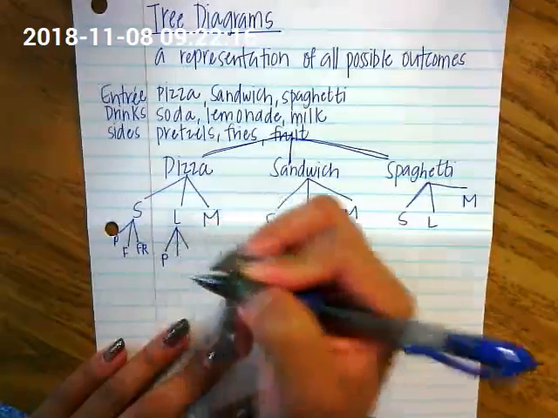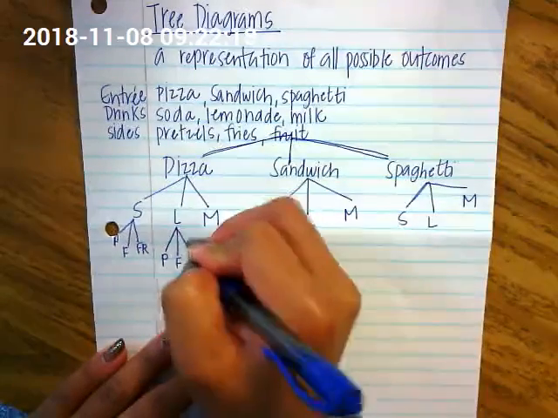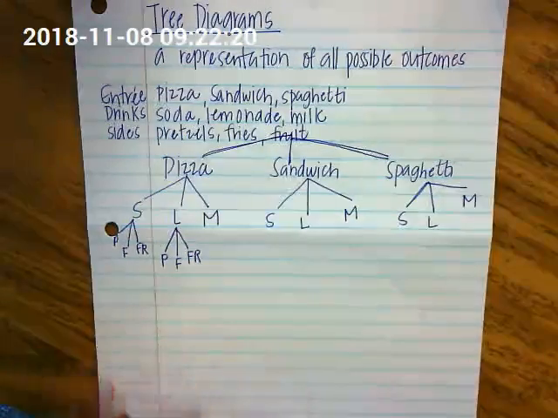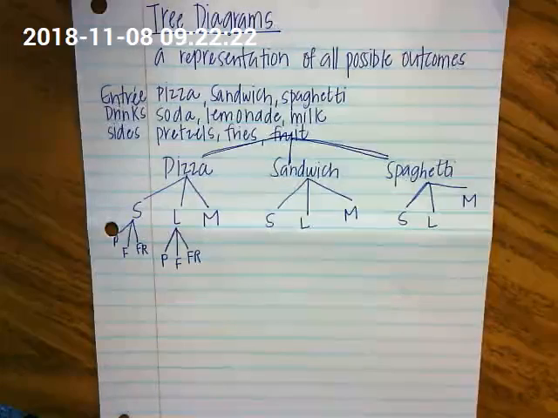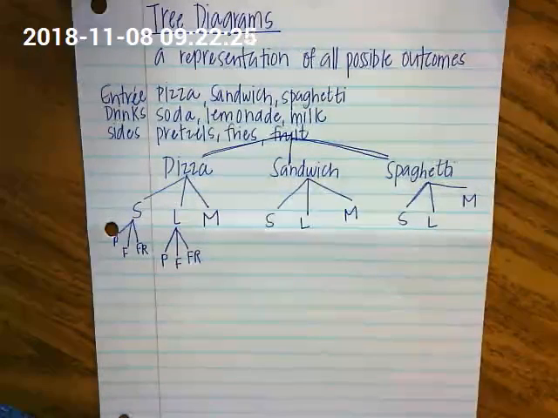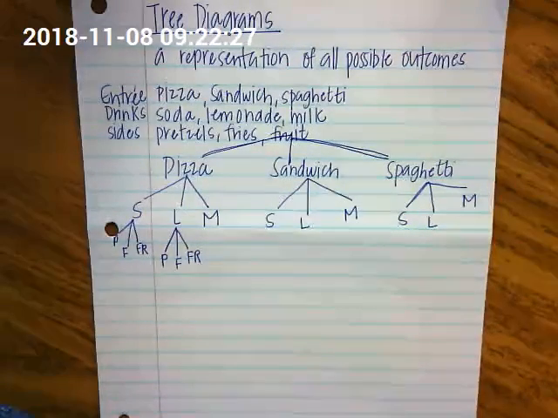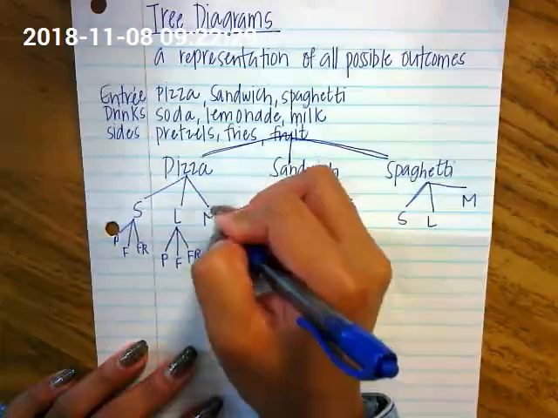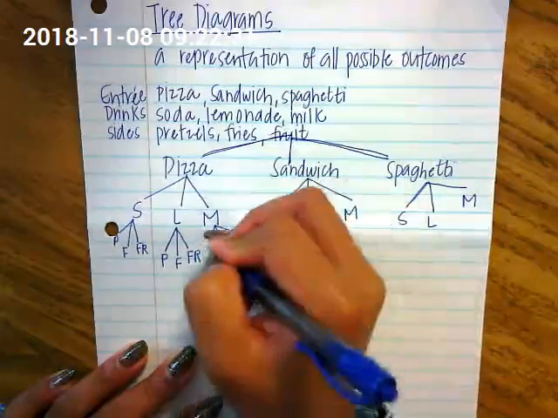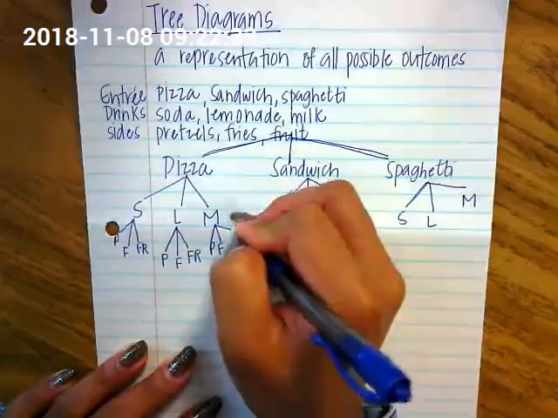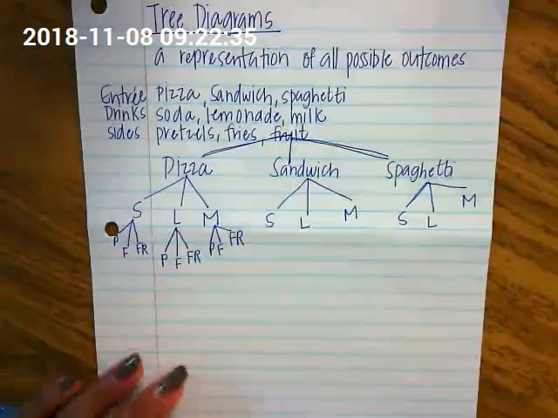So pretzels, fries, fruit. Then for milk, I can get the same: pretzels, fries, fruit.